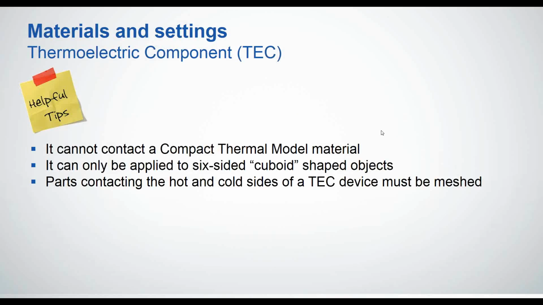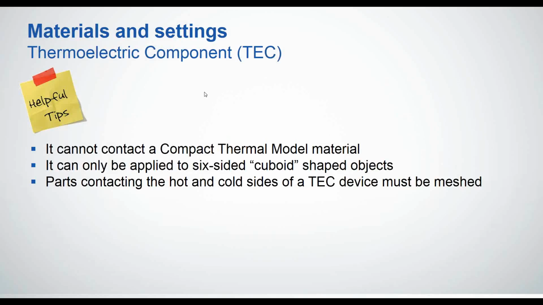And in case you want to use it, if, for example, you have a two resistor chip, you can just model it as a solid and then put a thermoelectric component over it. But it's not possible to model both of them above each other.